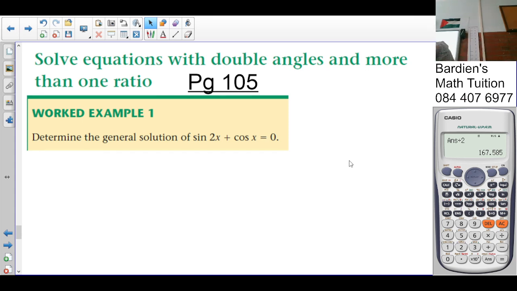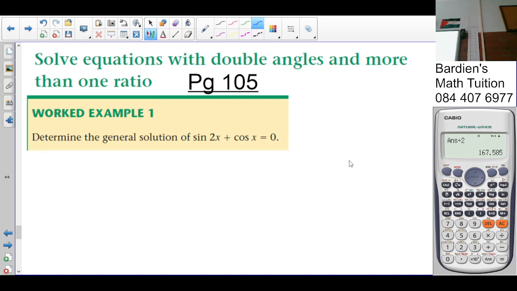So what are we going to do first here? What do you think we're going to do first? We're going to change sine 2x.